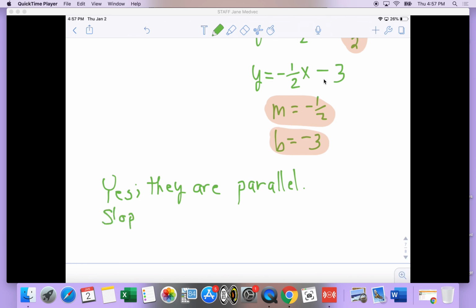Slopes are the same and b's are different.